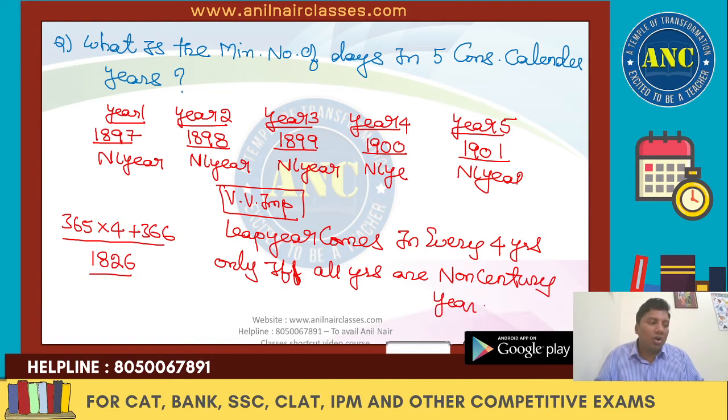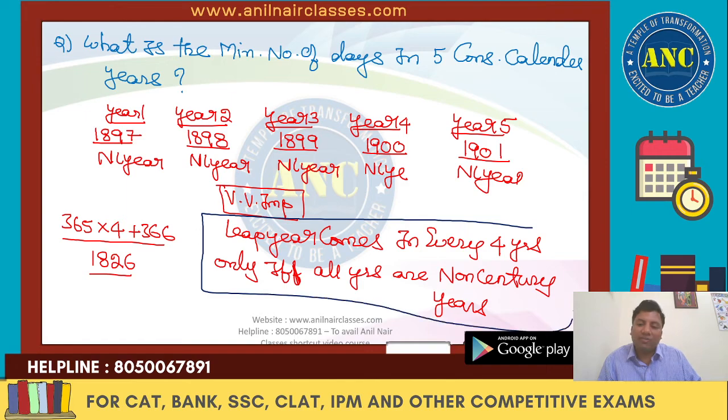Only if all the years are non-century years, then a leap year comes in every 4 years.